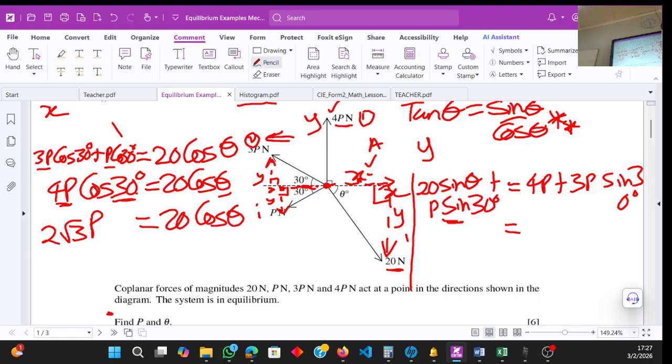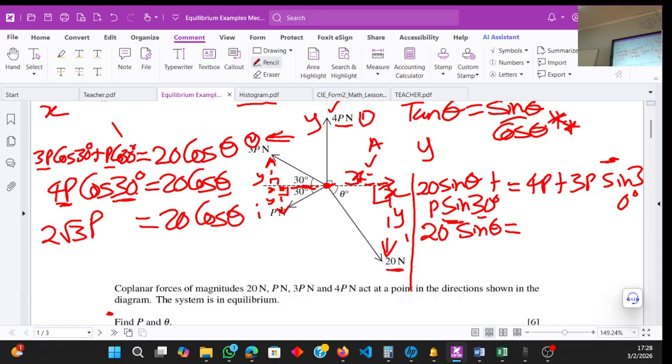So when I do so, it means I'm supposed to transpose p sine theta to the other side. So to the left of the equal sign, I have 20 sine theta. Then to the right, when I transpose p sine theta, but remember there's also another sine theta there with a coefficient of 3p. Now, when I combine this one here and that one, they give me 4 sine theta.